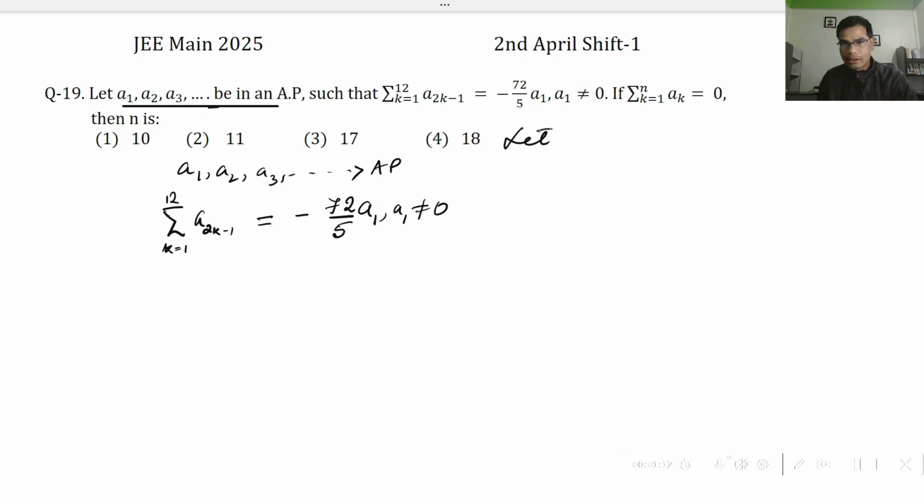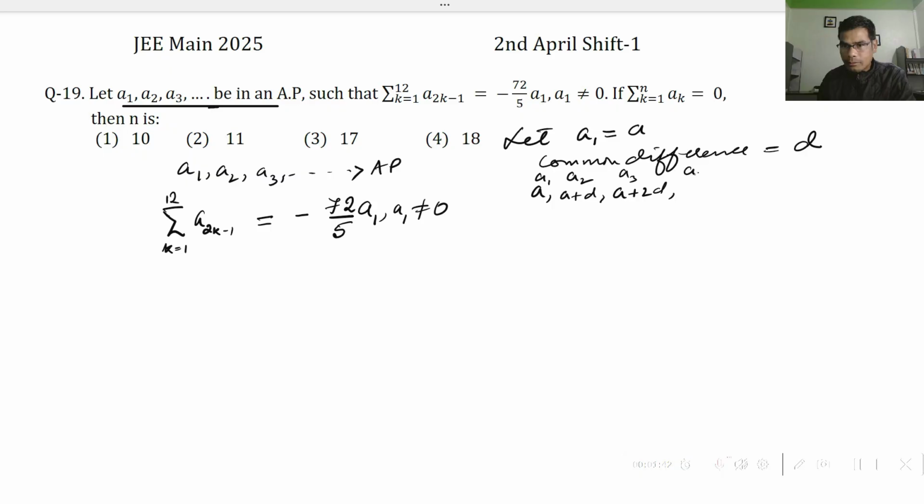So let us take the first term to be A, and the common difference of this AP to be D. Therefore, if the first term is A, then the second term will be A plus D, the third term will be A plus 2D, the fourth term A plus 3D, the fifth term will be A plus 4D and so on.